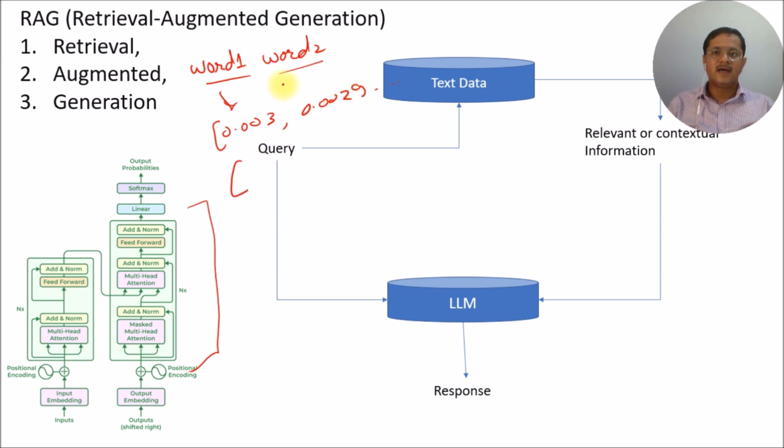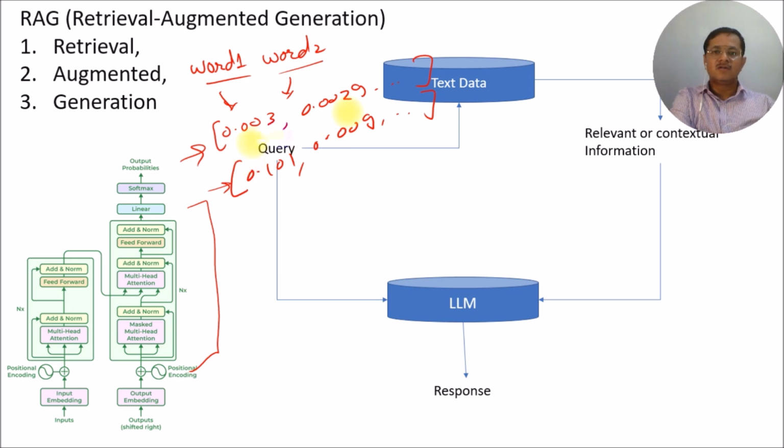And for the second, again, there will be some embeddings like that. So in this format of embedding, you will not find the text in actual format; you will find everything in vector format.